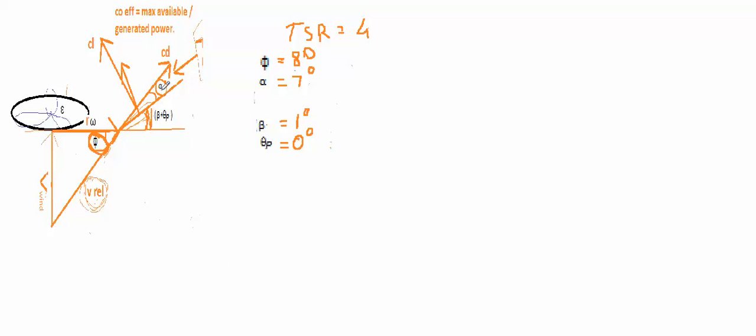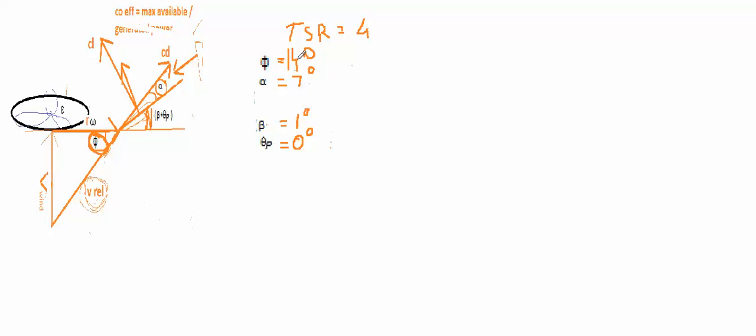When the tip speed ratio was 8, our phi, which was our angle of inclination, this angle right here, was 8 degrees. But now this has changed to 14 degrees. So let's remove this 8 degrees and write 14 degrees. So now this angle is 14 degrees.